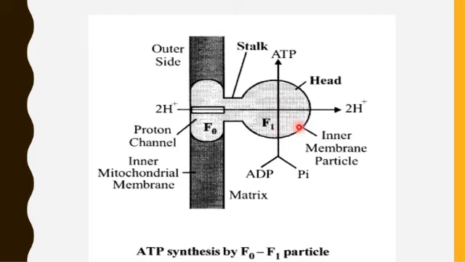This is the peripheral region present in the matrix, and this is present in the inner mitochondrial membrane. So the protons, while they are coming back from the intermembrane space to the matrix, release energy, and because of that energy, ATP synthetase works and leads to the formation of ATP, which is known as oxidative phosphorylation.